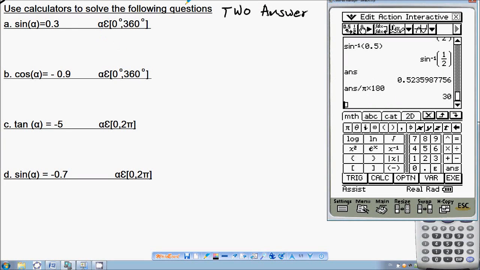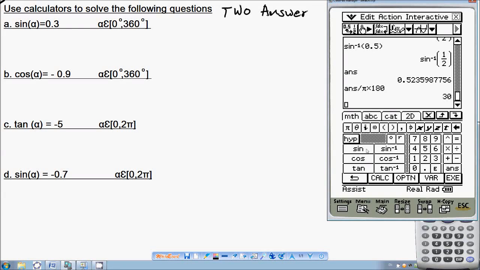To solve trigonometry questions, on the keyboard on your screen, click on trigonometry, which is on the bottom left side. Then you have sine.